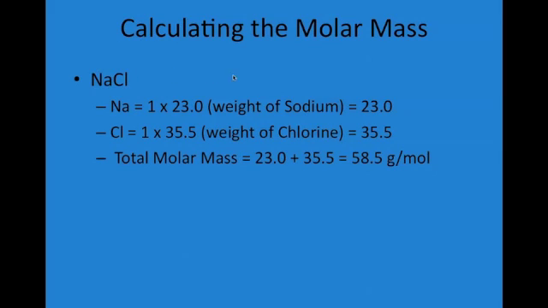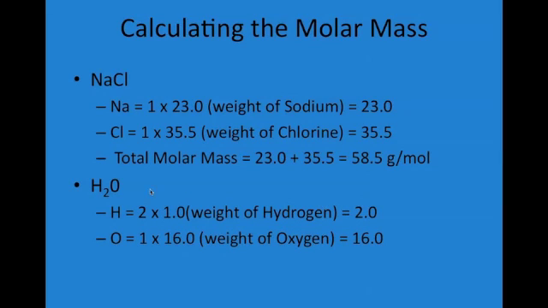Now remember that this is different for different substances. So we'll try another one, H2O. If I'm looking at hydrogen, how many hydrogens do I have? 2, exactly. So I multiply by 2, because that's how many I have. I multiply it by the weight on the periodic table, which is 1, so I have a total of 2 grams for hydrogen. Then I have oxygen. I only have 1 of those. The weight on the periodic table is 16. So I have 16.